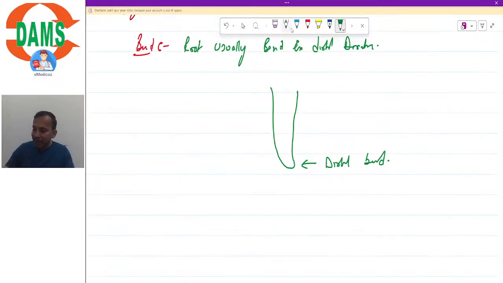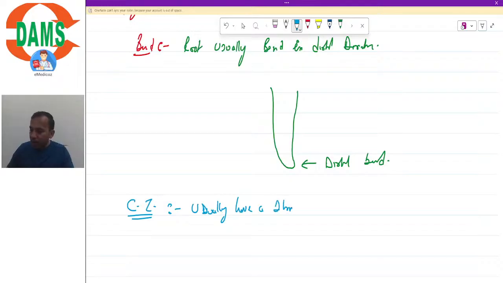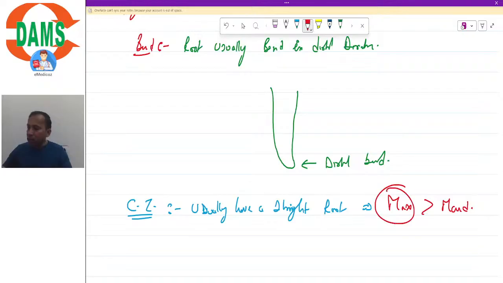अब central incisors जो हैं, usually have a straight root, more so in maxilla as compared to mandible. So maxillary central incisor has absolutely straight root. आपने OS में भी पढ़ा होगा, oral surgery में, that this is the only tooth that you can extract with a rotational motion, isn't it? Apart from that, all other teeth have to be extracted in a buccolingual direction, right?